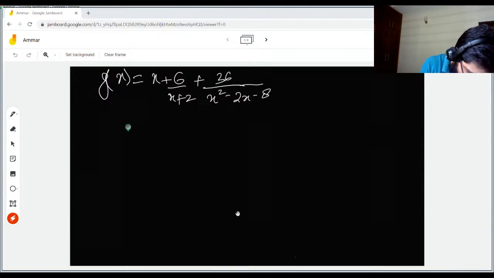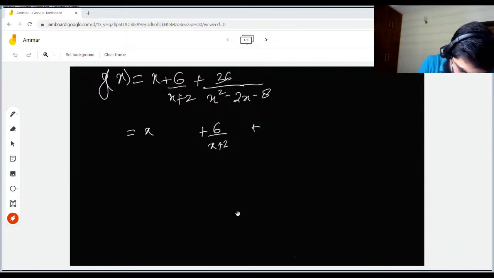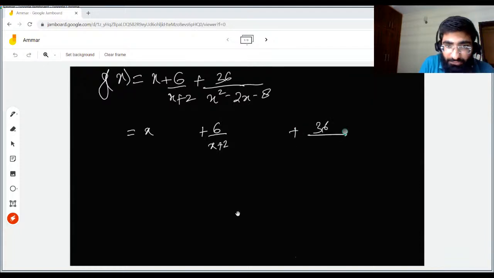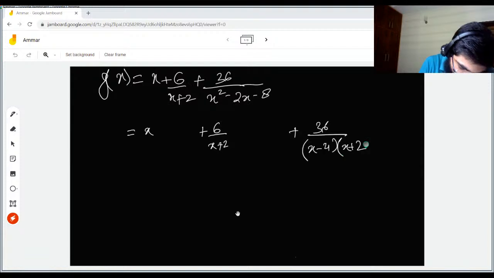This will be equal to x plus 6 over x plus 2, plus 36 by x minus 4 into x plus 2. So far so good. Now I know that this one has got x plus 2.